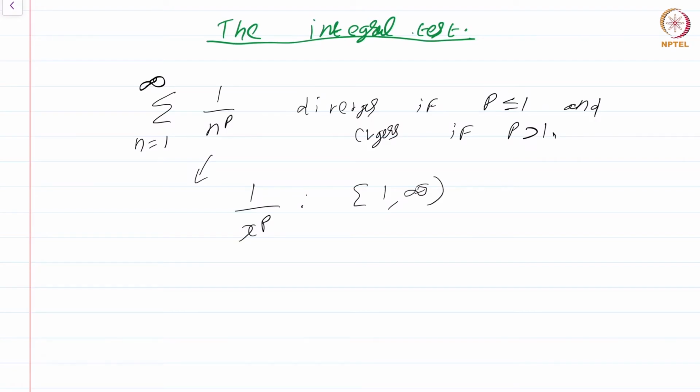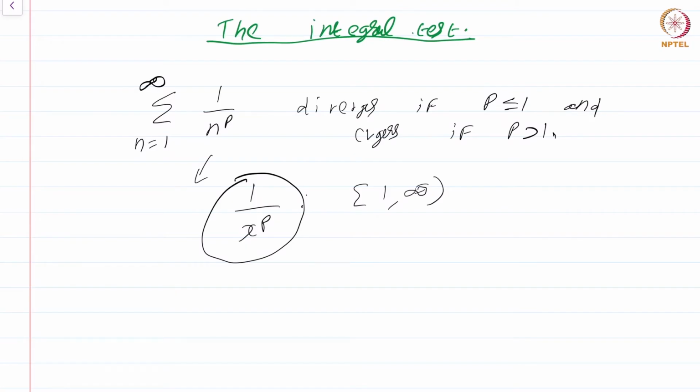Okay, I can extend 1 by n power p to the whole real numbers in [1, infinity), right? Now it is natural to study whether, by using this function 1 by x power p, we can conclude something about the series summation 1 by n power p. And that's precisely what the integral test tries to tell us.